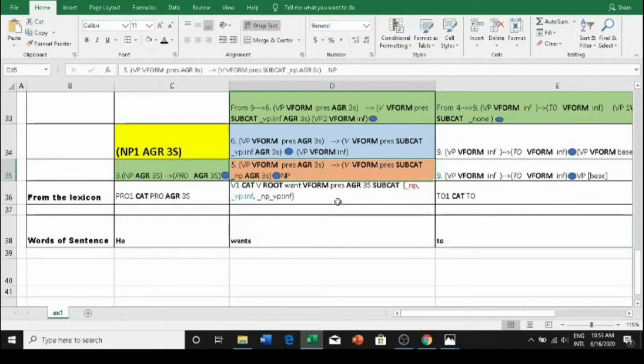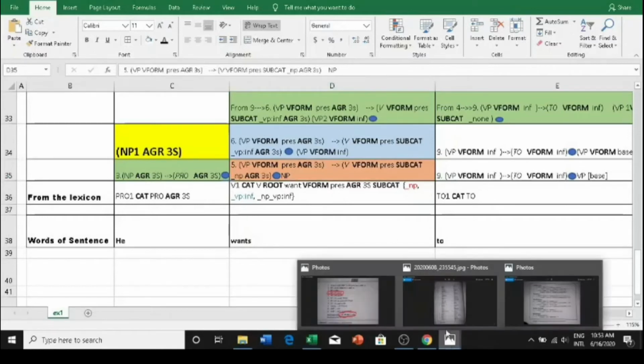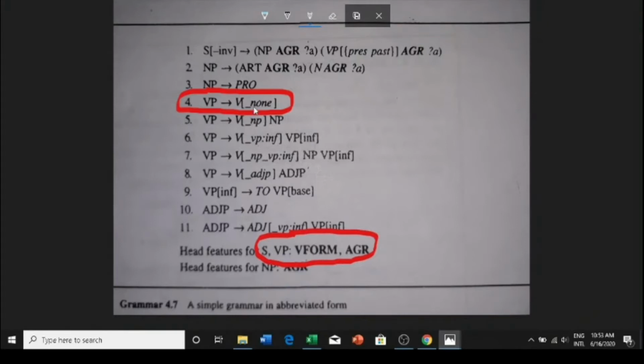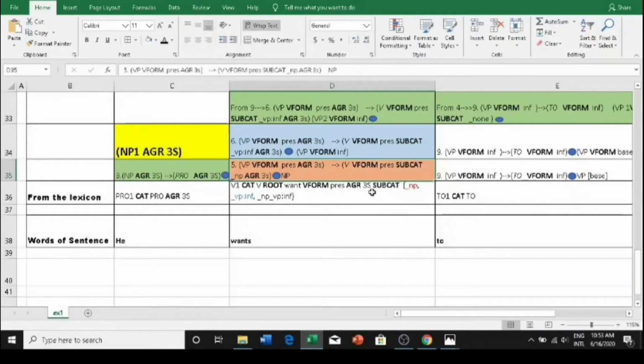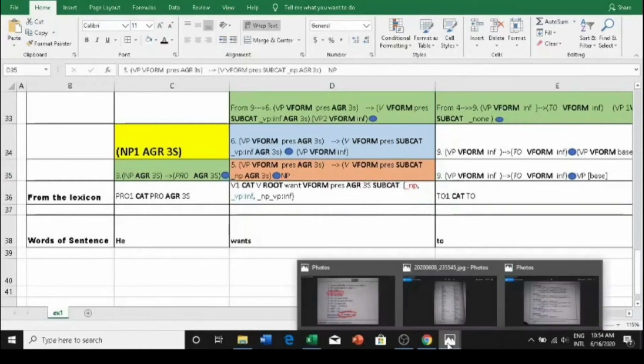Okay, but the problem is we can't match this rule. Why? Because if you see in this case, there is a subcategorization restriction for wants, right? It can either take up NP or VP infinitive or NP VP infinitive. So definitely we can't take which rule?